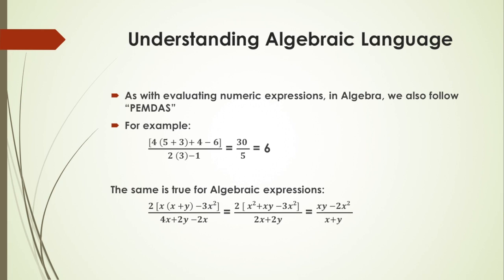So we have 2 times the quantity x squared plus xy minus 3x squared, over, and then we add these like terms, 2x plus 2y, which would give us, again we work this, xy minus 2x squared over x plus y. We take the 2 out from the top and the bottom since it is there everywhere.